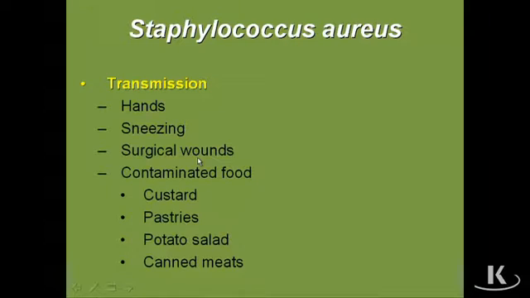Now, Staphylococcus aureus is also one of the leading causes of gastroenteritis in the U.S. And it's a good idea to know what foods are associated with staphylococcal food poisoning. And so we've listed here some of those foods. They're basically very rich foods. Sometimes the boards will ask you about food.